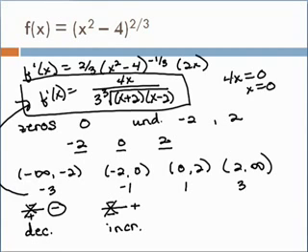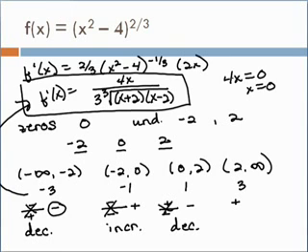Plug in a positive 1. 4 times 1 is a positive. 1 plus 2 is a positive. 1 minus 2 is a negative. So we multiply, and the cube root of a negative is a negative. So it should be negative on that one. And then the last one, 3.